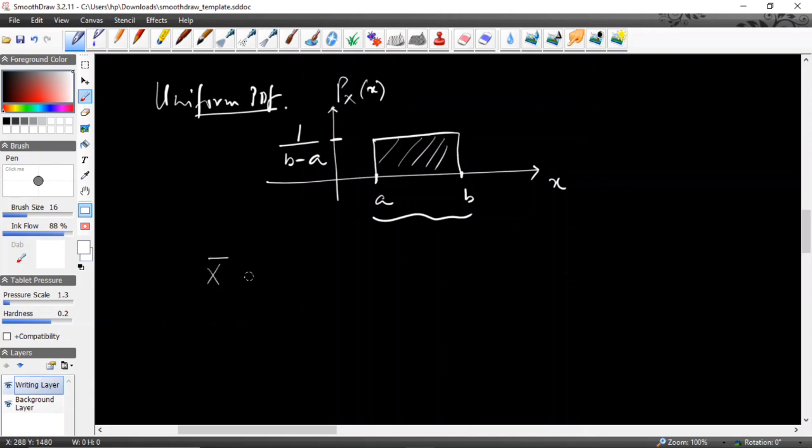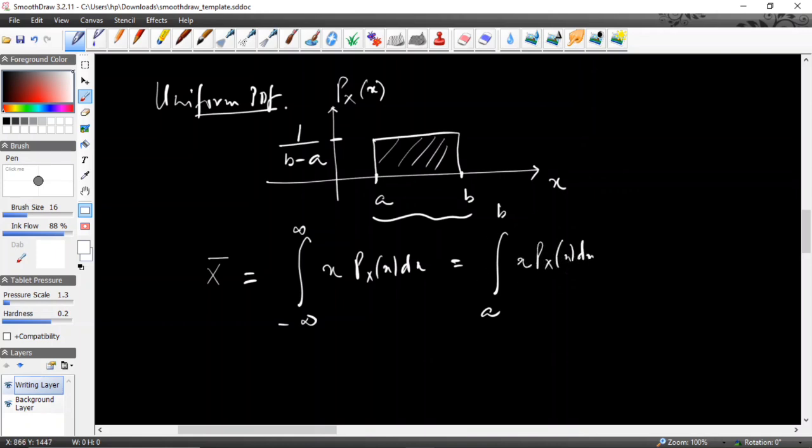If I try to find the mean, that is integration of x into p(x) dx, this will simply become integration from a to b of x p(x) dx, and p(x) is 1 by b minus a, a constant, so I can take it outside the integration.